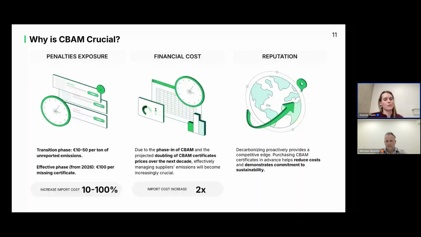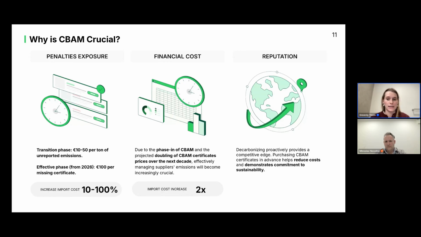Now, why is CBAM crucial to you? From what I could see in the conversations I had in the US and the UK, it's really a pivotal shift in how businesses operating in the European Union approach emissions and imports. So understanding its importance is key to mitigating risk and unlocking potential advantages. The first key risk is fines and penalties.